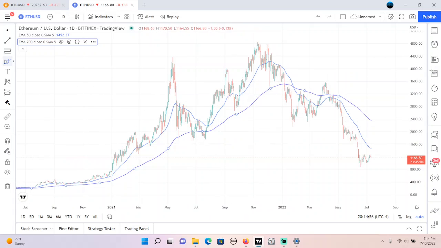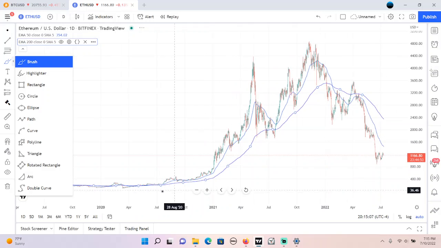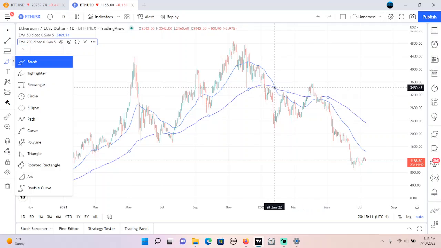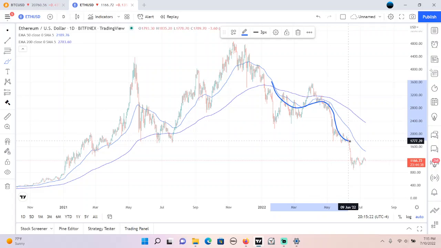When you see the 50 cross below or above the 200, that is a signal of a reversal in trends. So here we see recently, back in January 2022, the 50 crossed below, and this indicated downward movement. So the trend crossed downward and we headed downward.